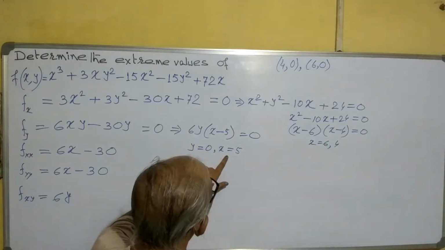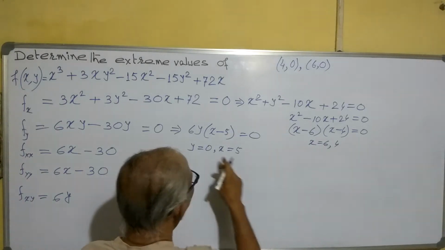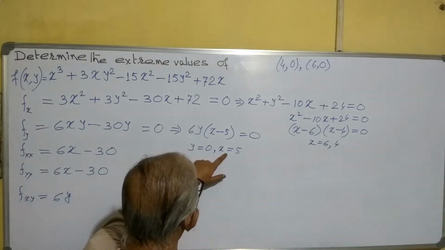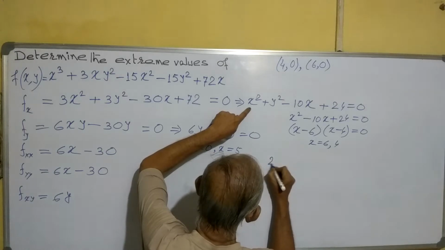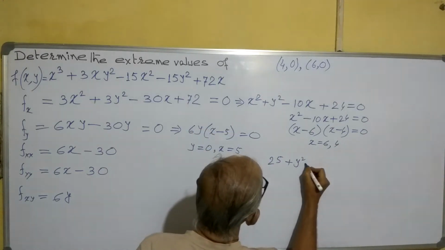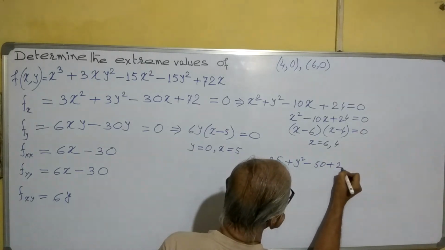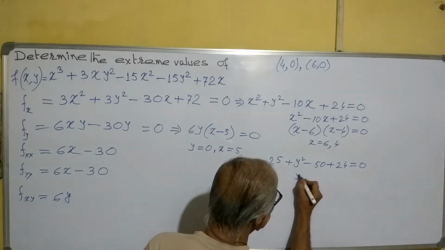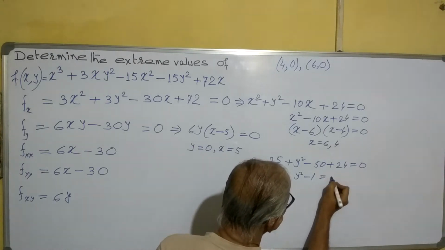Again, putting x equals 5. If we put x equals 5, what are we getting? 25 plus y square minus 50 plus 24 equals 0. That is y square minus 1 equals 0.